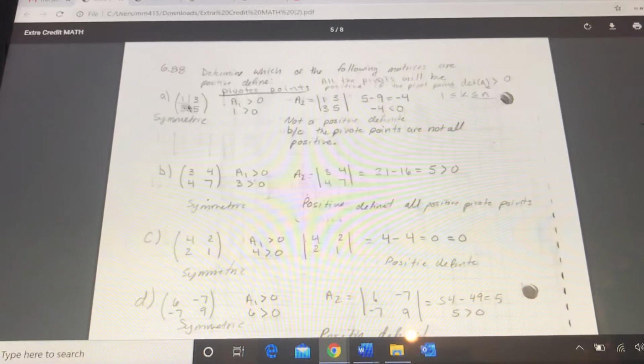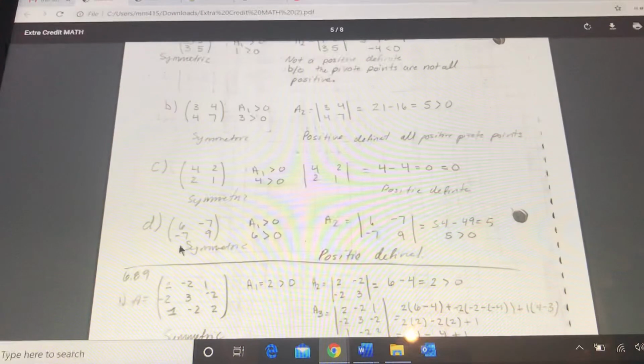A1, this right here, is 1, A2. Essentially, we're just going to do the determinants, whatever you want to call it. I just call it the cross product because it makes more sense that way. Just do the cross product. 5 minus 9 is -4. Both of these are not positive because this one's negative, so therefore it's not positive definite.